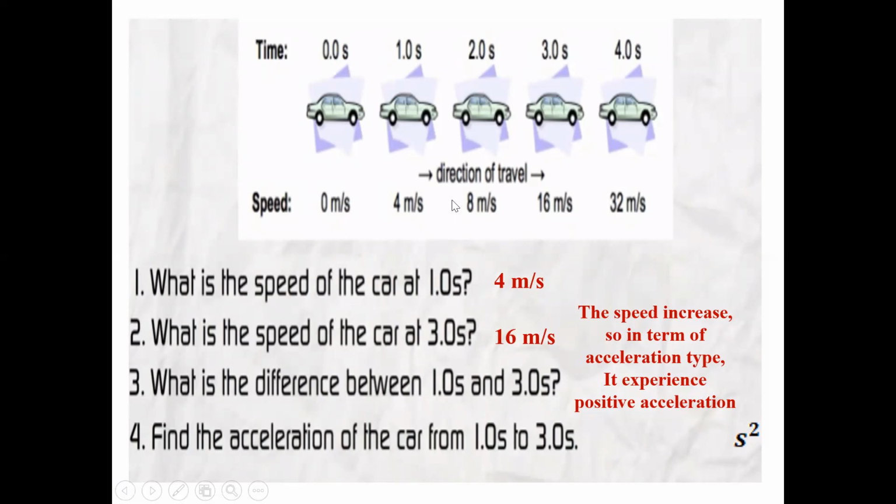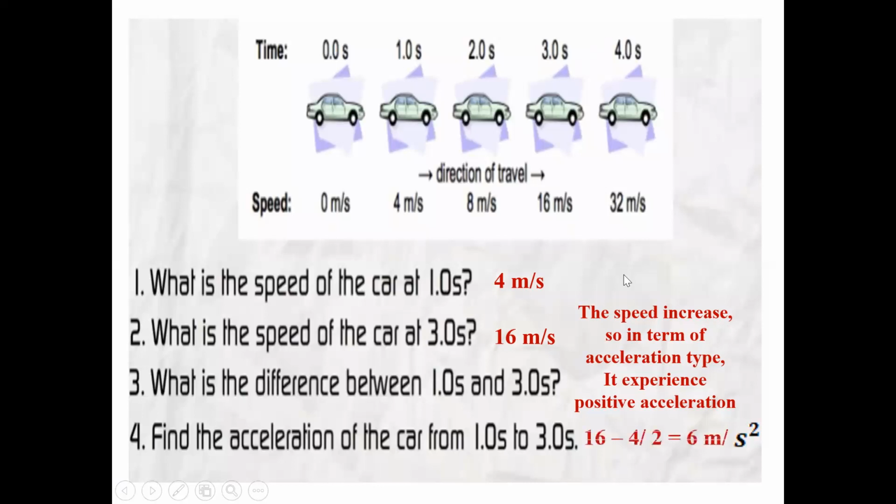Yes, we have an equation for the acceleration. The final velocity or speed, 16 meters per second, minus the initial one, 4 meters per second, divided by the total time taken. Here is the difference from 1 second to 3 seconds. It takes 2 seconds.